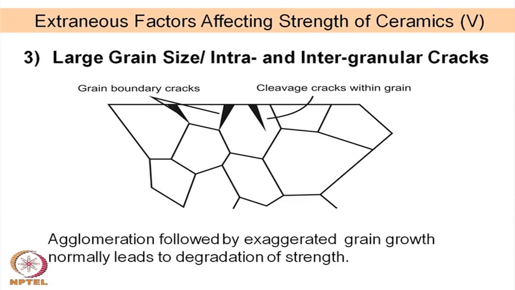Of course, in the so called metals and alloys, you have also a very similar effect. Higher grain size material has a lower strength, and smaller grain size material has a higher strength.